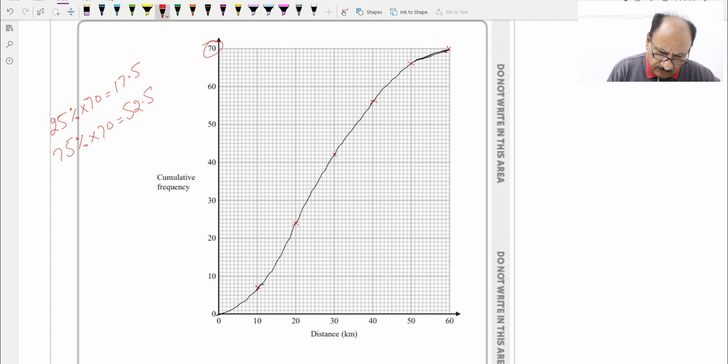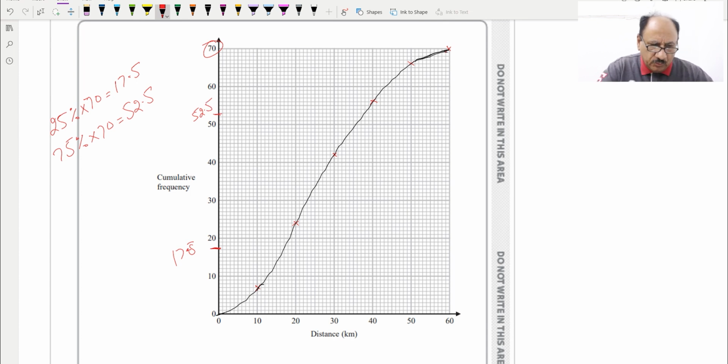So for these two values we will be checking the reference, which is 17.5, that will be 15, 16, 17.5 roughly over here. And then next is 52.5, 51, 52, 52.5 is roughly over here.